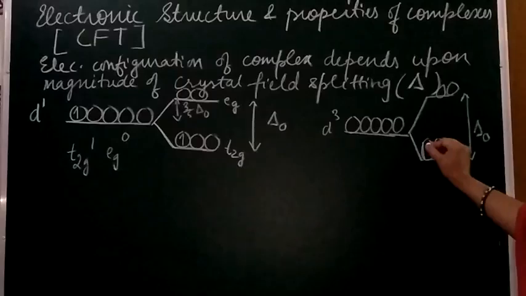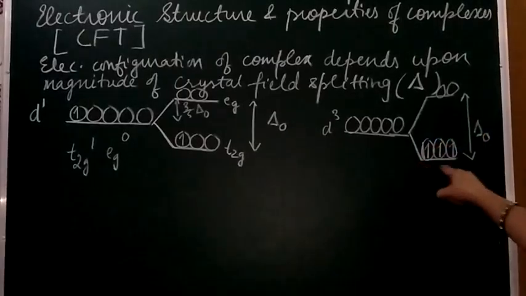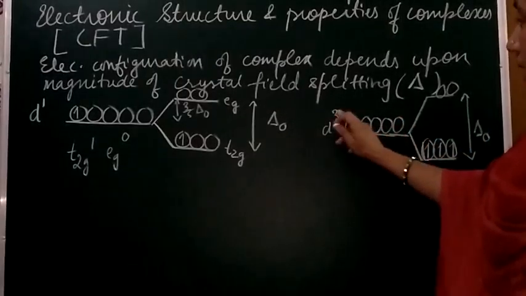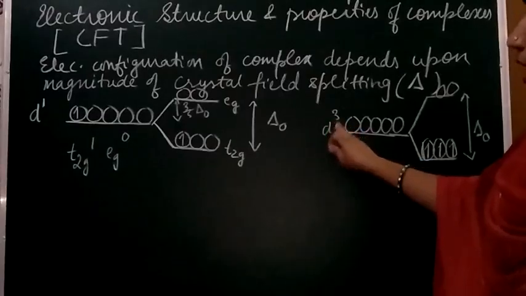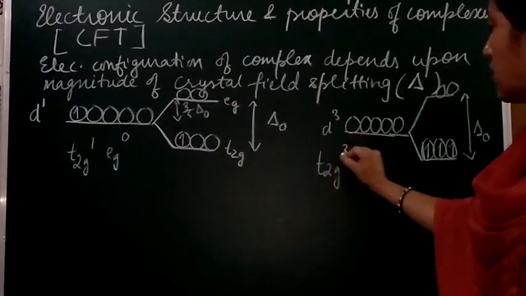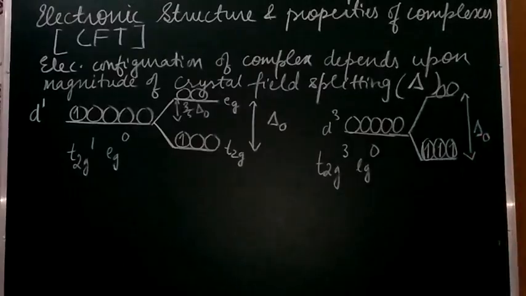Since it is d3, we fill one electron in each orbital. So the configuration of the metal ion is d3, whereas that of the complex is t2g3 eg0.